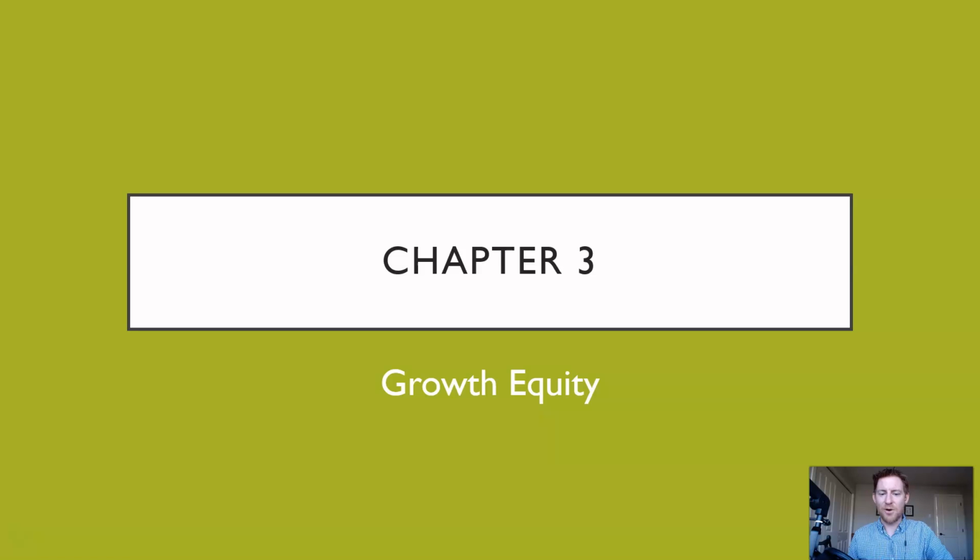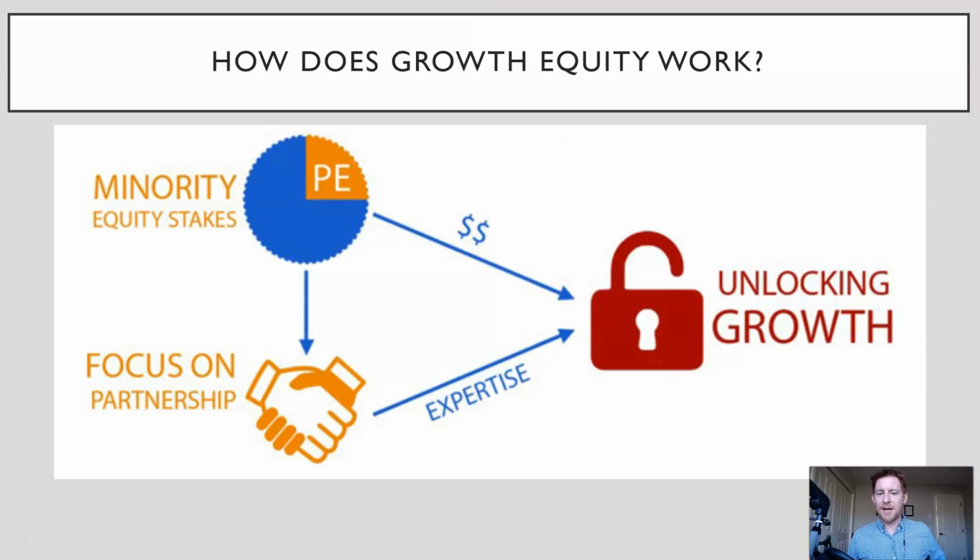Chapter 3, growth equity. Growth equity works with minority equity stakes. So the fund is investing in minority stakes. It could be 20%, 15, 10, 5. It could be anything that you're comfortable with. Some firms do 49%.